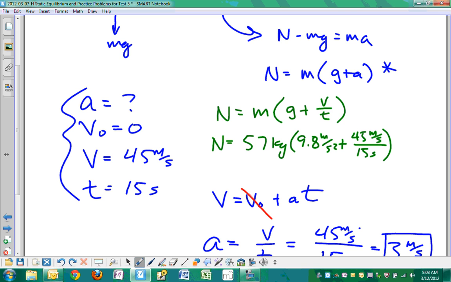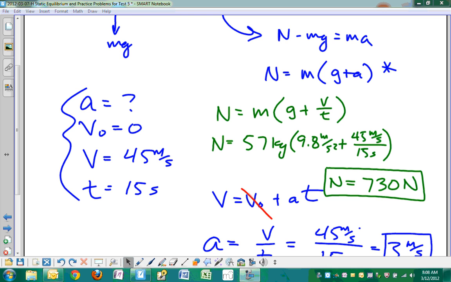I know it's 3. All right, that turns out to be equal to what? 729.6, sounds like 730 newtons to me. That's the normal force. The normal force is the apparent weight that we were looking for. Apparently.